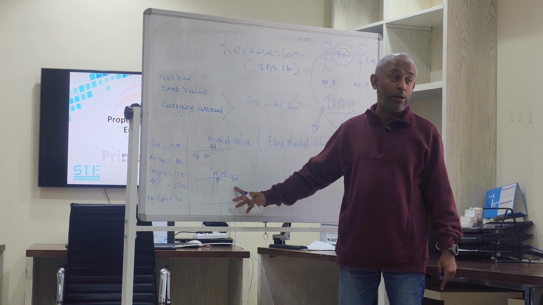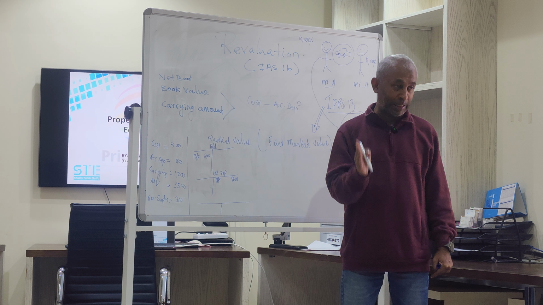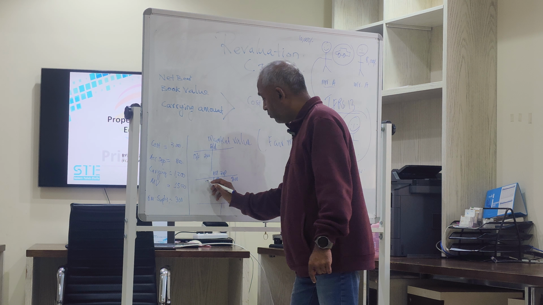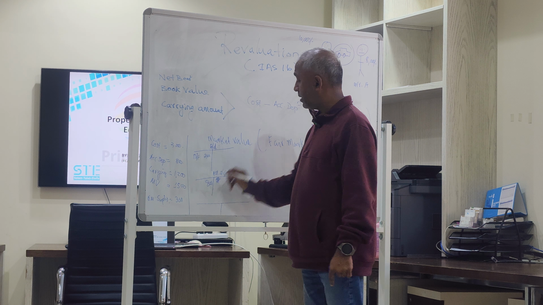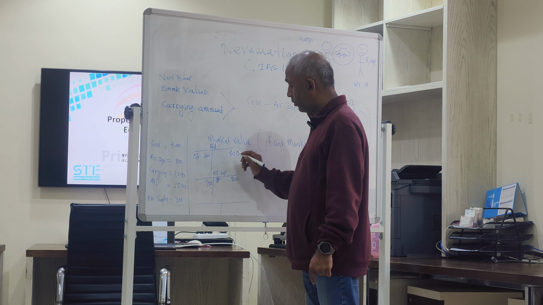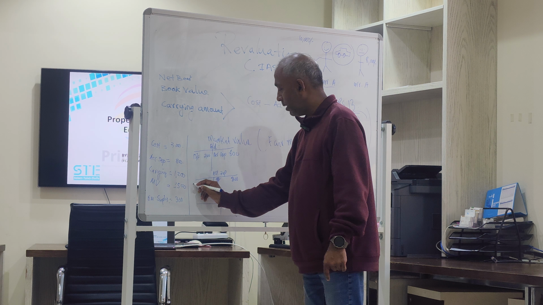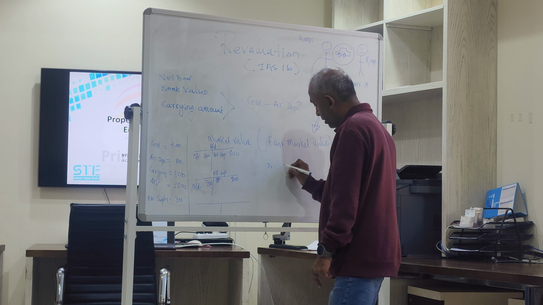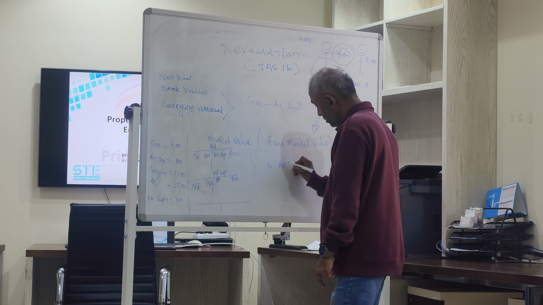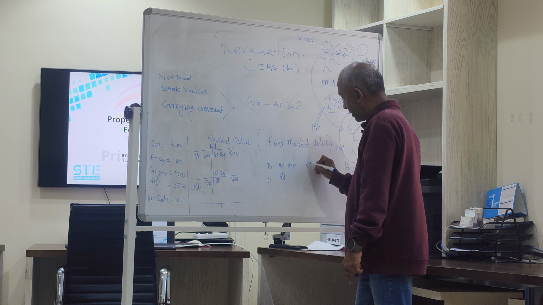You have to remove all your accumulated depreciation on that particular date. So to remove the 800,000, I have to debit accumulated depreciation and credit building. This is the first entry.